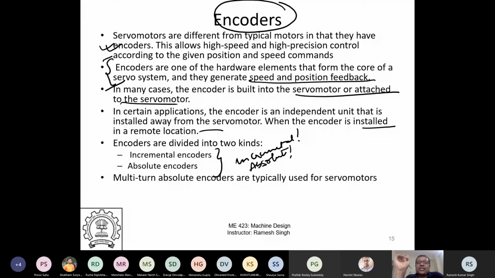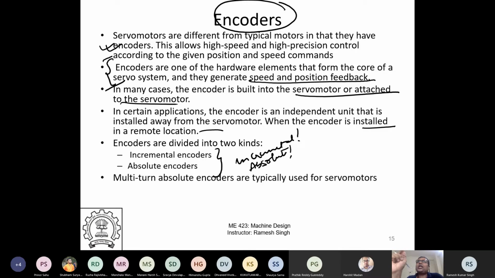What absolute does is create the exact position, because for every location in an absolute encoder there is a unique code. So I know exactly where you are. That's the difference. In incremental, I count how many segments, or I just count pulses for every segment, so I know what angle I have turned. That I know in incremental also.